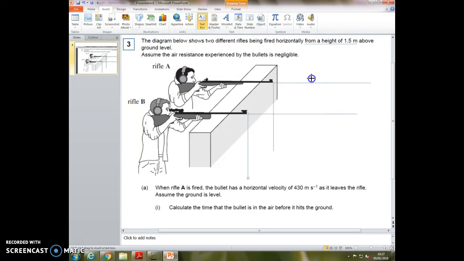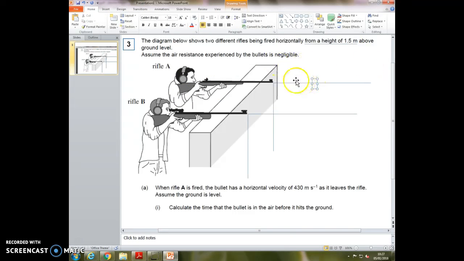Because we've been told that the air resistance is negligible, on the horizontal axis we know that it will be a constant velocity. And in the vertical, it's going to be accelerating due to gravity.